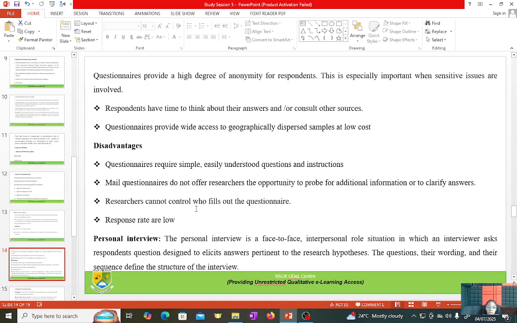Researchers cannot control who fills out the questionnaire. Response rates are low. Most people ignore mailed questionnaires, and then the researcher might not in the end get the number of respondents needed.